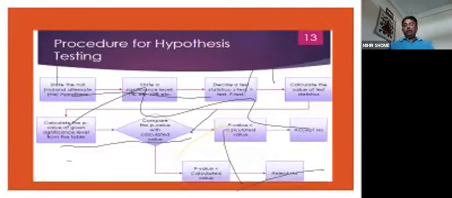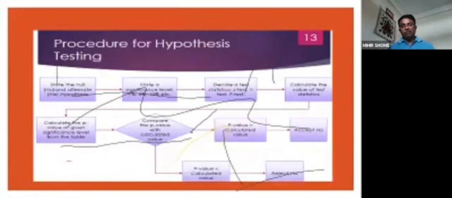Then calculate the value of the test statistic, as I told. Then find the p-value at the given significance level from the table. That means we will have to see whether it is significant at the 0.05 level, 0.01 level, or 0.001 level, whatever, based on the value. Then compare the p-value with the calculated value, as I have already explained.